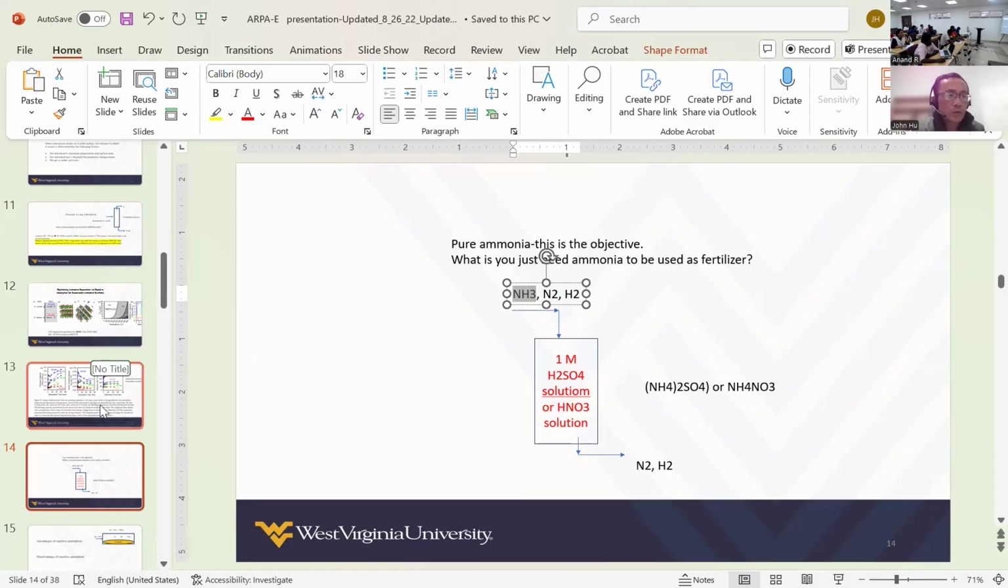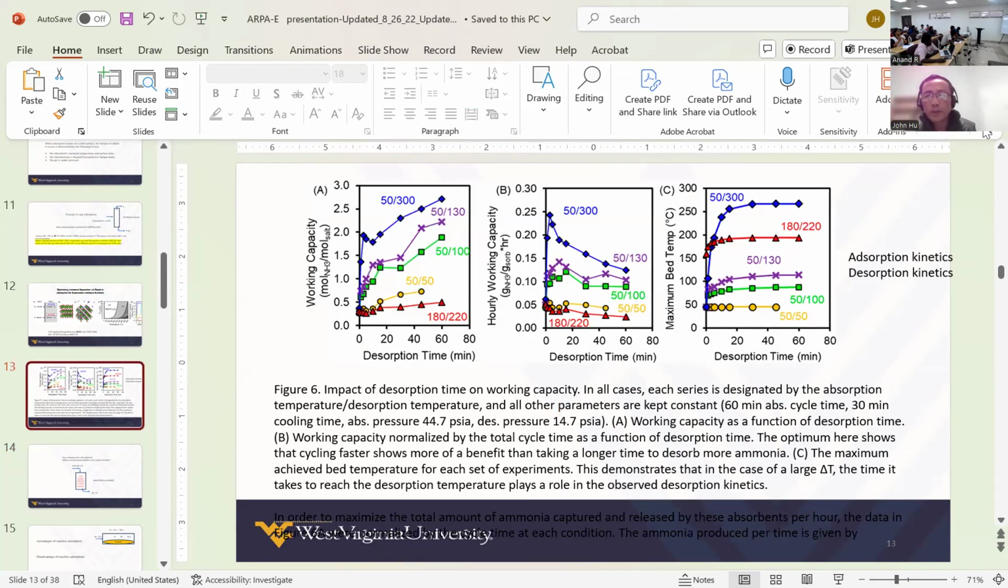I also want to mention this graph. I want you to pay attention to the time. If the time stretches too long, the desorption time is very bad, right? So remember how you size the reactor. In the first session we talked about sizing the reactor.